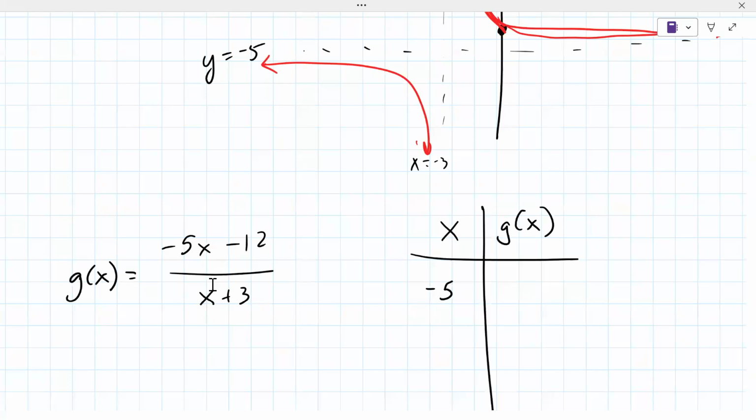Are you just inserting the -5 into the x coordinates? Exactly. -5 times -5 minus 12, negative 5 plus 3. I got -13/2.